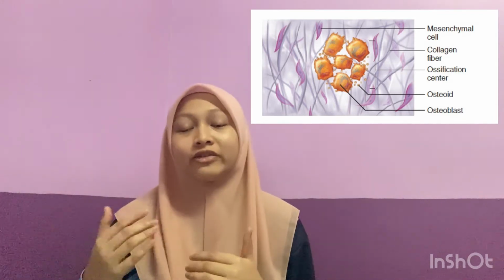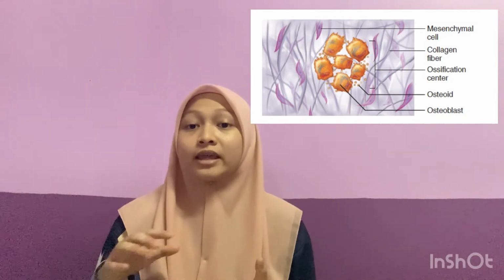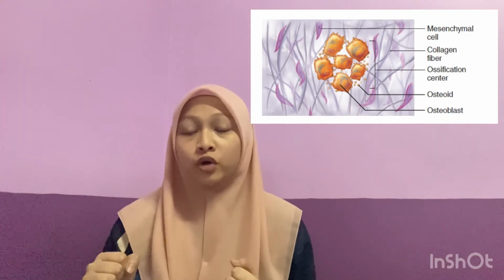Then, those mesenchymal cells will differentiate into osteoblasts, known as bone-forming cells, in the region we call the ossification center. As we can see, these osteoblasts populate this region. It also has to have a blood supply move into this area to cause the differentiation of the cells.